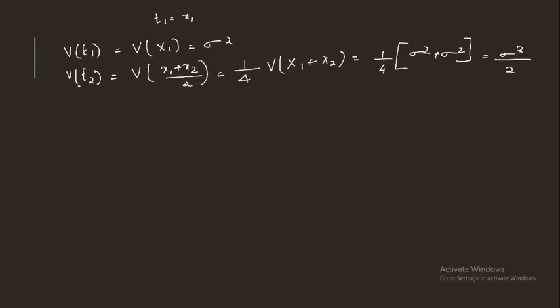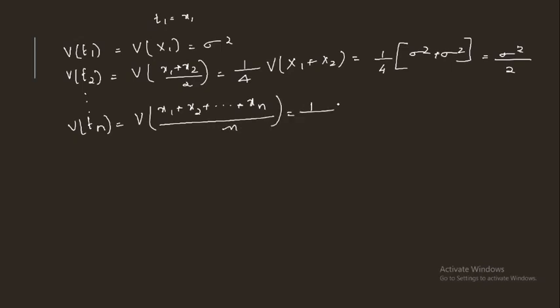Now the variance of Tn is equal to the variance of (x1 plus x2 plus etc. plus xn) divided by n. You take the constant outside and you get 1 by n square times the variance of x1 plus x2 plus etc. plus xn, which is equal to 1 by n square times (sigma square plus etc. plus sigma square).